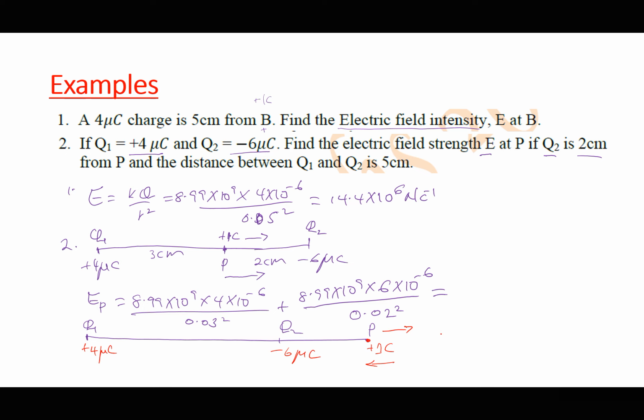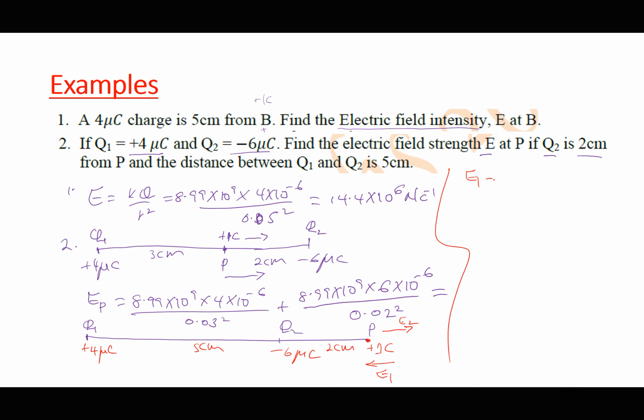In this case now, I will subtract the values to find the resultant electric field strength. But remember, the distance now changes. If this is 5 centimeters and this is 2 centimeters, the distance for P from Q1 is going to be 7 centimeters. So let me call this one E1, I call this one E2.